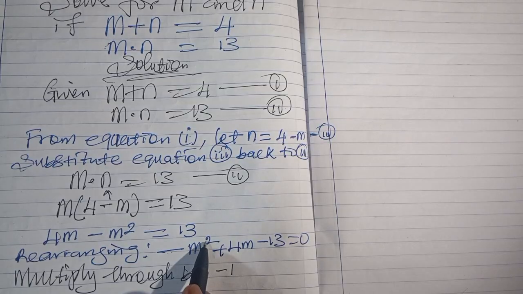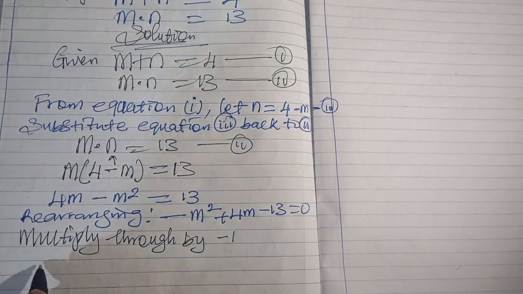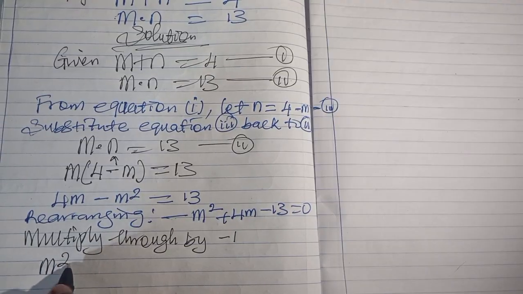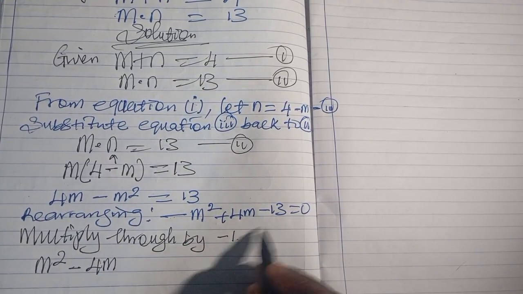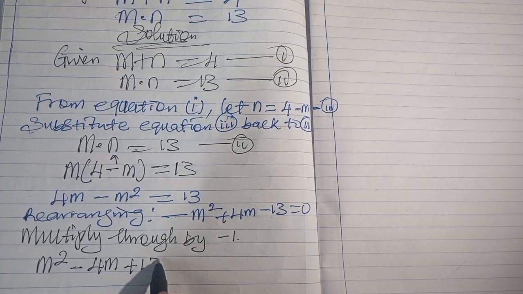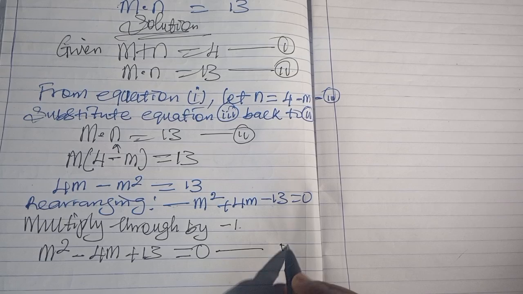So minus m squared times minus 1, you have m raised to power 2. Minus 1 times 4m is minus 4m. Minus 1 times 13, you have positive 13. This will give us 0. If you like, you can call it equation 4.